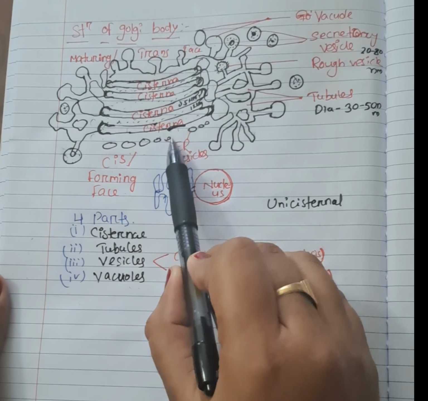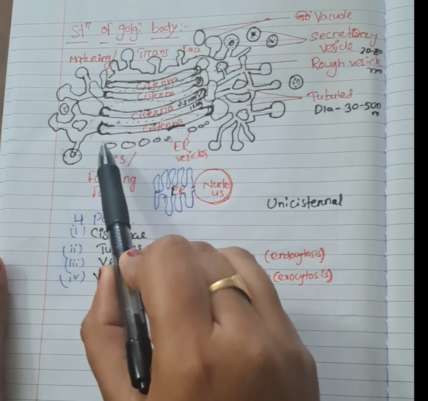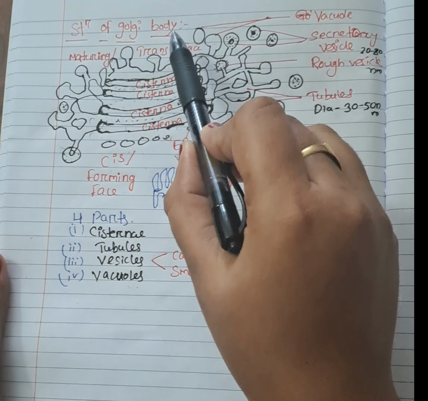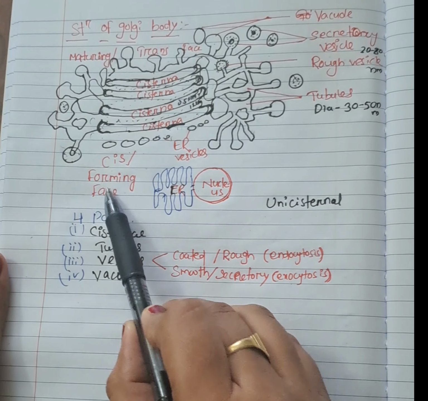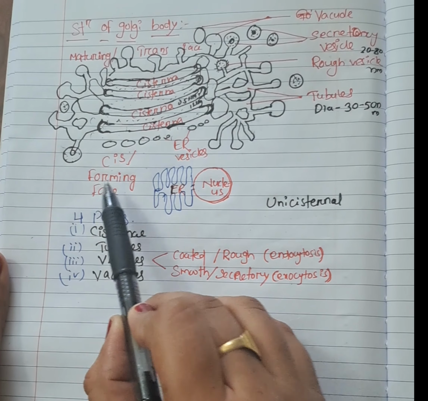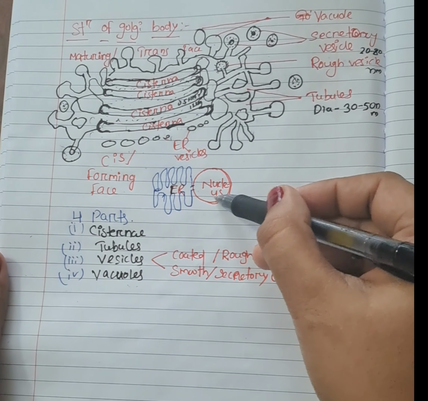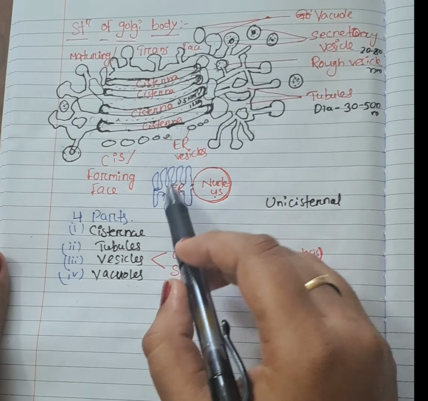It means it has two different faces, one is the convex face and the other is the concave face. The convex face is also known as the cis face or the forming face, and it faces towards the nucleus, and its thickness is 4 nanometer.